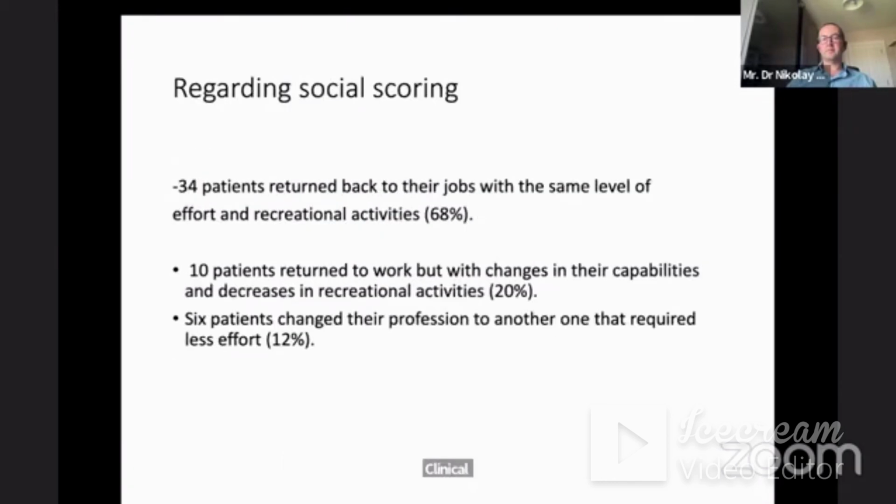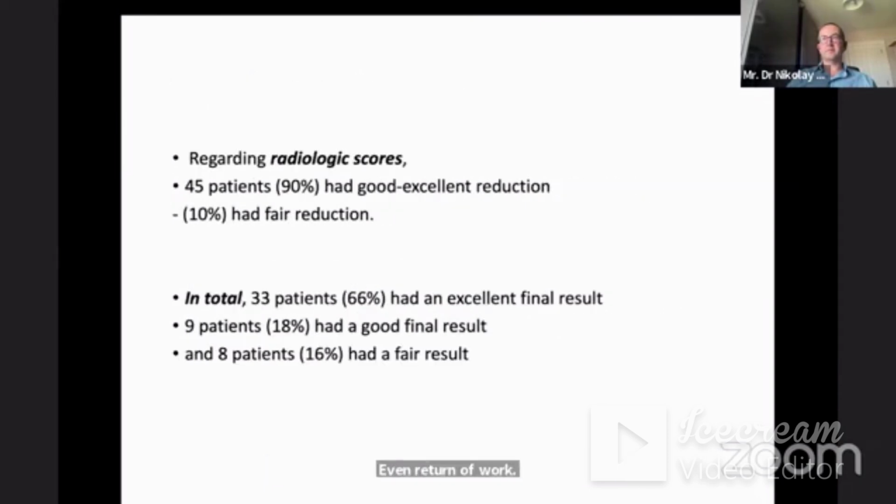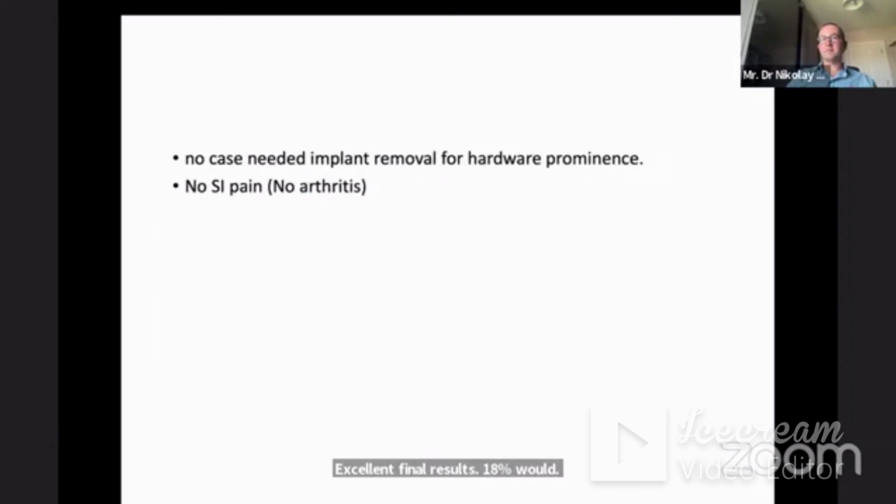Even return to work for those patients was very good, with 66% excellent final results, 18% good, and 16% fair results. We did not need in our series to remove any screws for prominence.